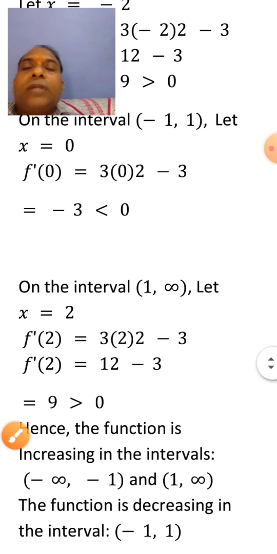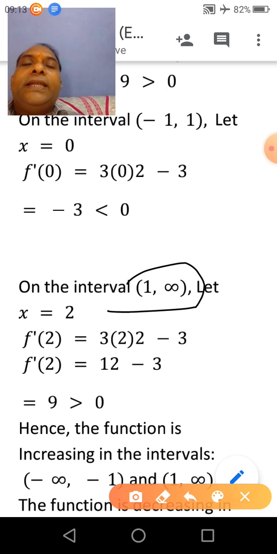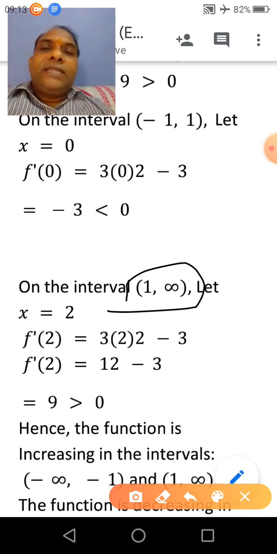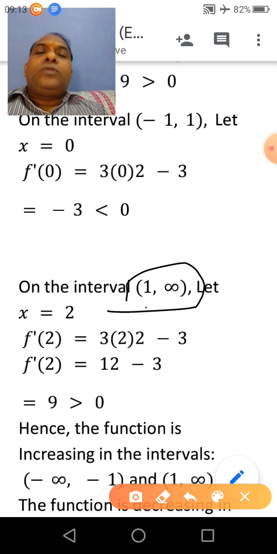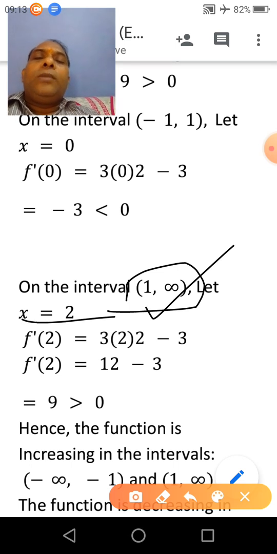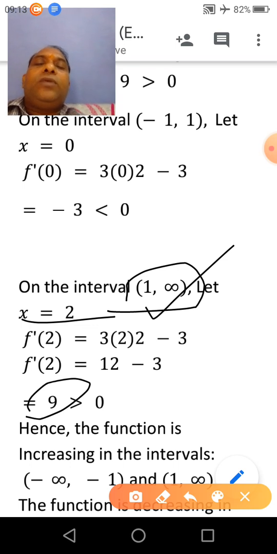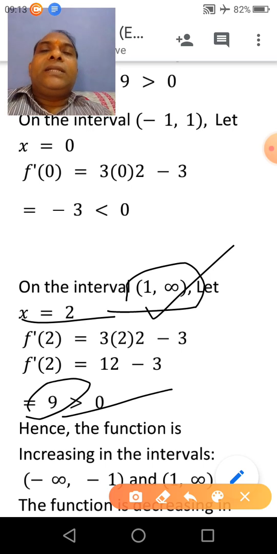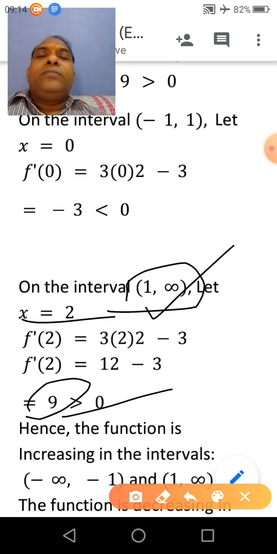Now the third interval is 1 to infinity. Consider any number which belongs to this interval. So let x is equal to 2. Put x is equal to 2 in f dash x. Then you find f dash 2 is equal to 9, which is greater than 0. It means f dash x is greater than 0 at x is equal to 2. Clear? And 2 belongs to the interval 1 to infinity.